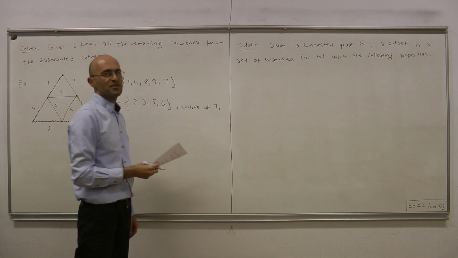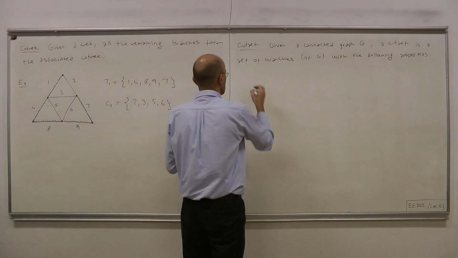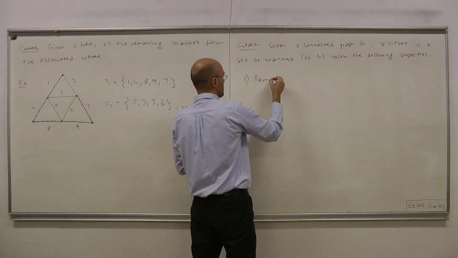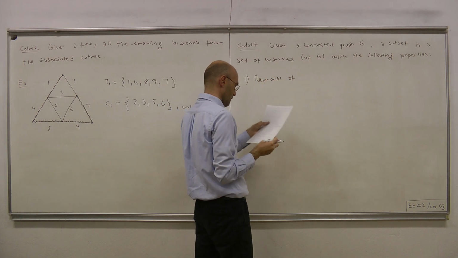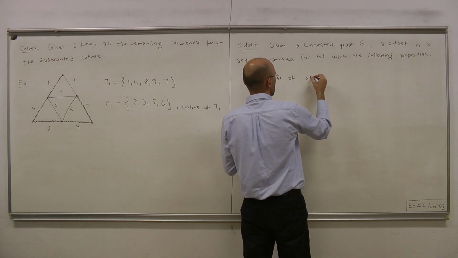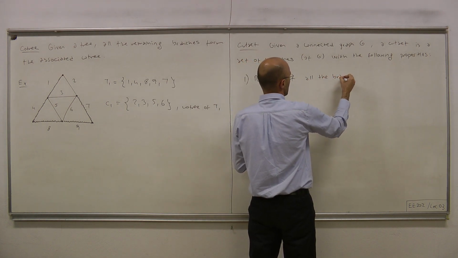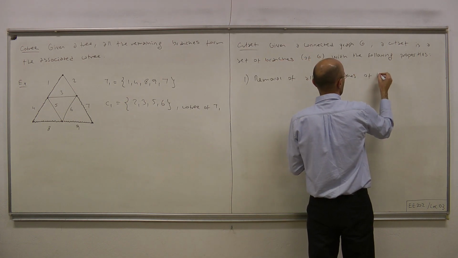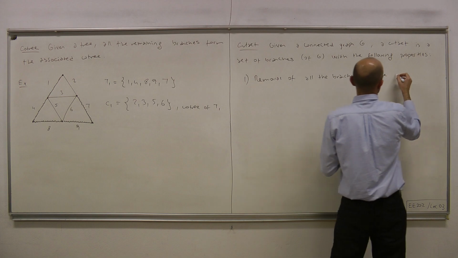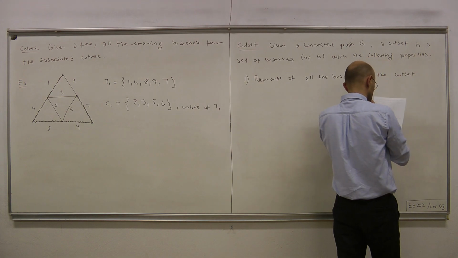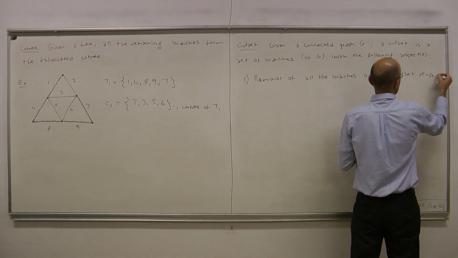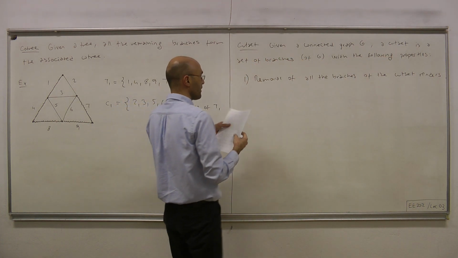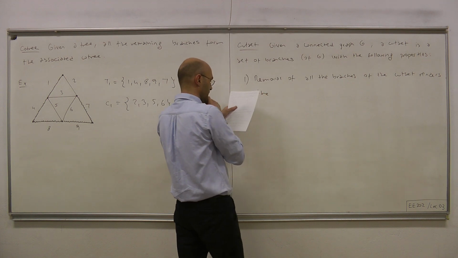There are two properties to be satisfied simultaneously. The first of which is that removal of all the branches of the Cutset leaves the graph unconnected.